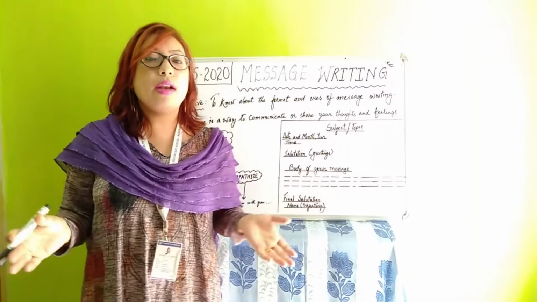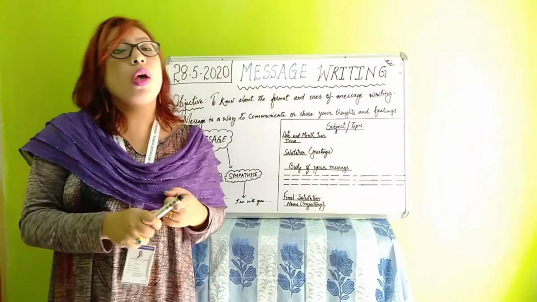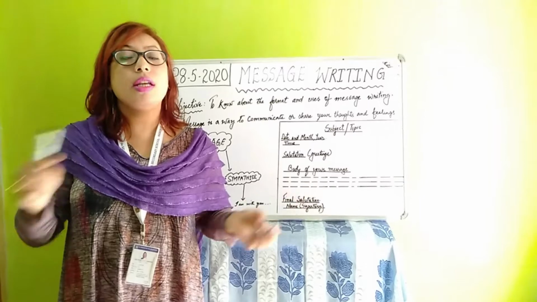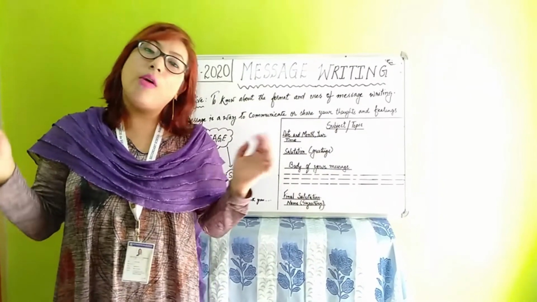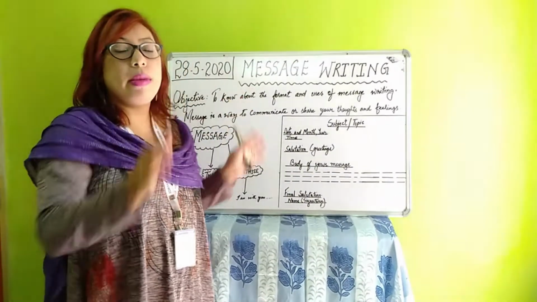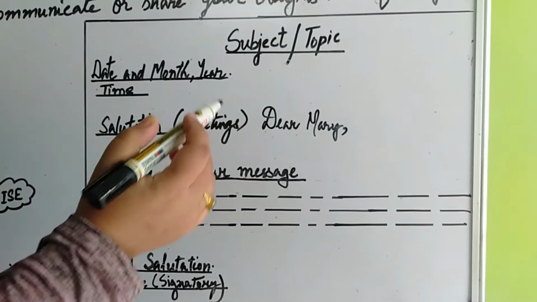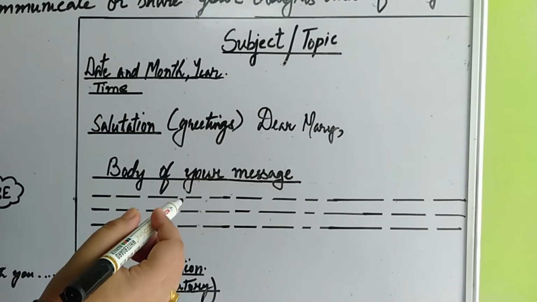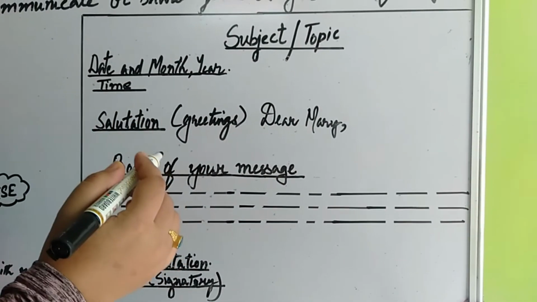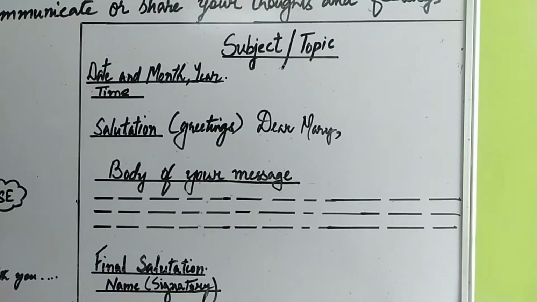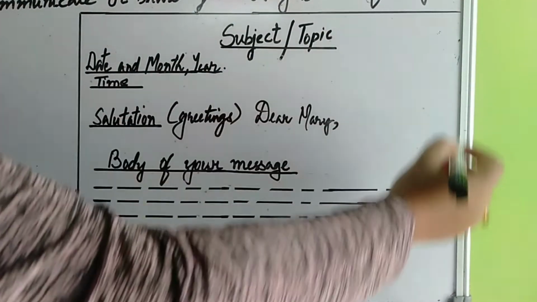Okay, so far we have seen our objective, what a message is, and when messages are written in different situations. Now let us see the format, how to write a message. Class, please remember that a message is always written inside a box. So when you are supposed to write a message, please make a box.